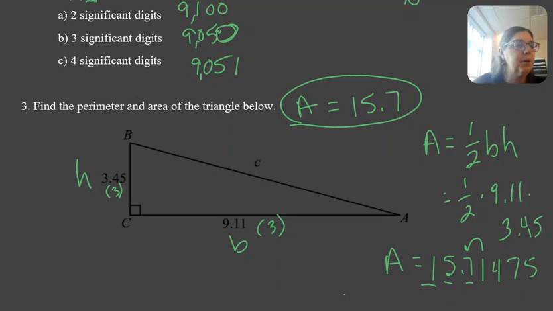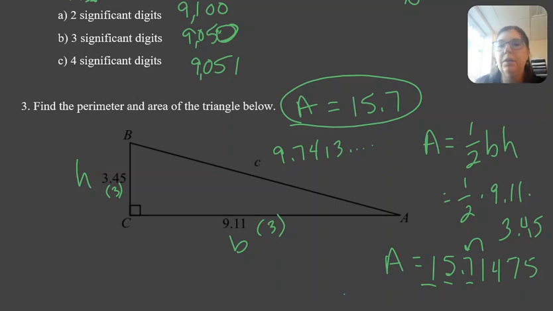Now to find perimeter, we're going to use Pythagorean theorem, and I'm going to do it quickly because that's not our focus here. Our focus is significant digits. So 3.45 squared plus 9.11 squared, and I need to square root that. So this side, C, is 9.7413 and some other numbers.